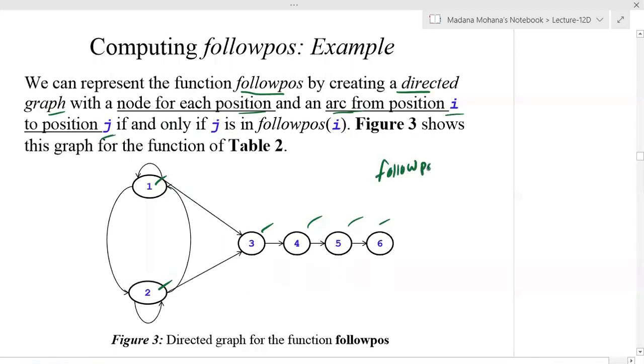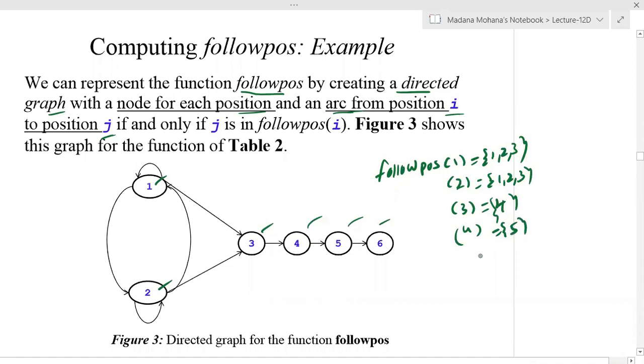So here you can write down again, using the previous table. Follow position of 1 equals 1, 2, 3. Then follow position of 2 equals 1, 2, 3. Then follow position of 3 equals, in the previous table, 4. Then follow position of 4 equals 5. Then follow position of 5 equals 6.